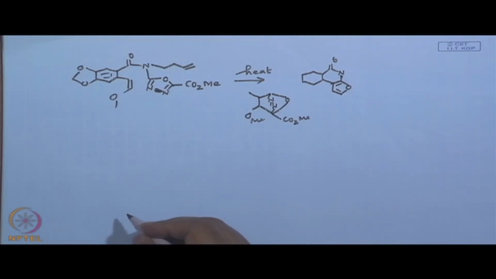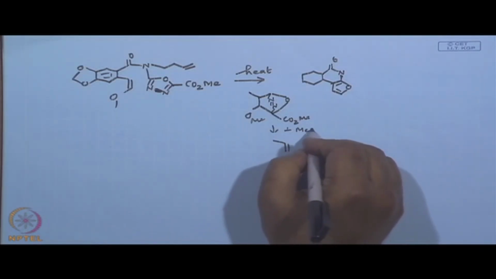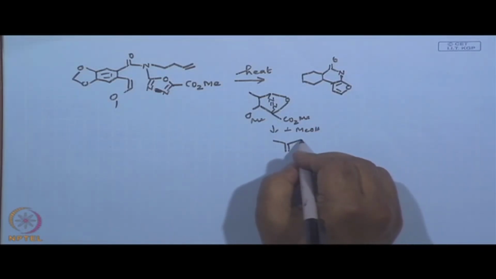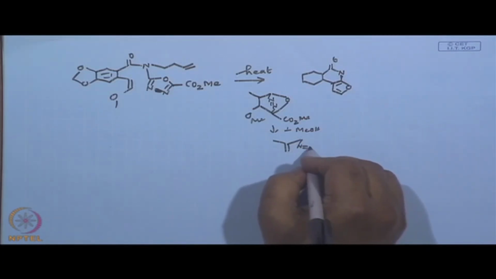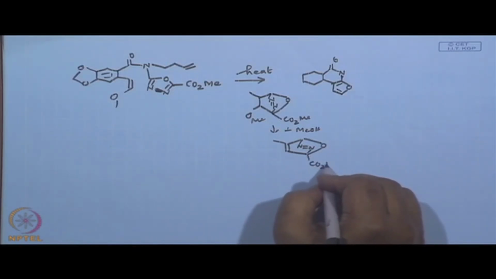What else? That is it. Then under thermal conditions, you lose methanol. So, you will have something like nitrogen, then oxygen up here, and then the ester here.